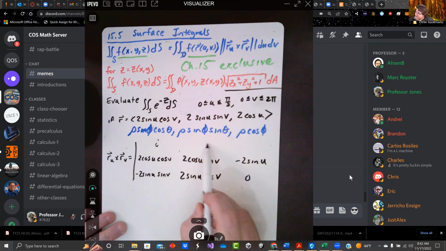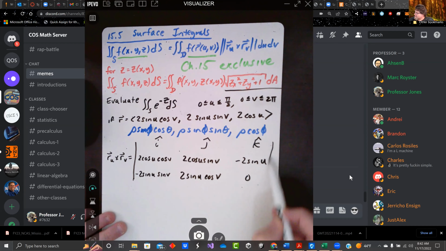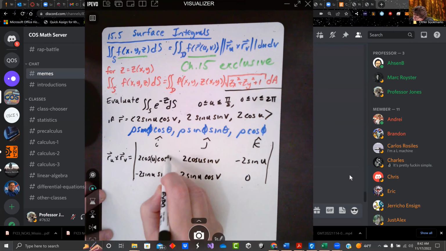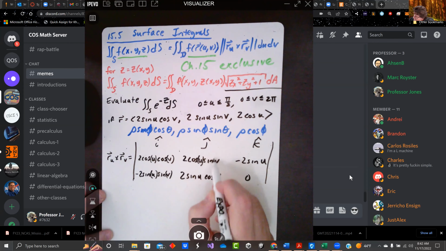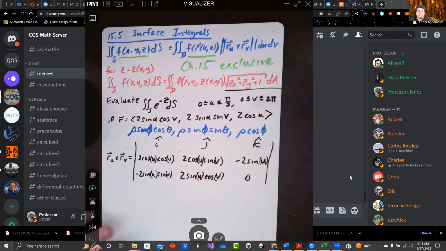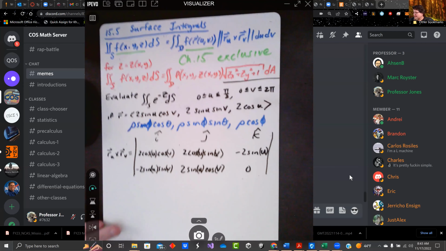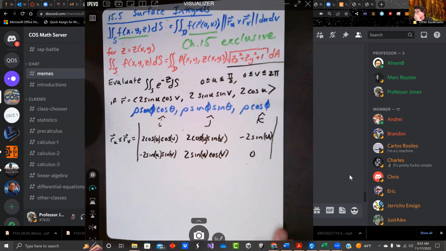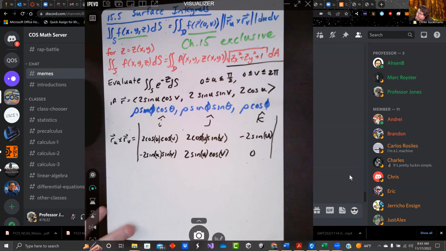I've got i, j, and k unit vectors. I'm going to put little parentheses in there to make it look a little bit better. Let's wrap that in gold, make it look good. We're going to need the magnitude of this when we're done, but we're not there yet.